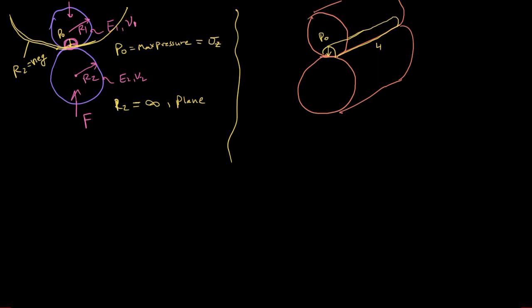Okay, so the pressure profile for 2 cylinders looks like half of a cylinder. The pressure profile for the 2 spheres looks like half of a sphere. This distance over here between the edge of the pressure profile and the center of the profile, that distance we call B.